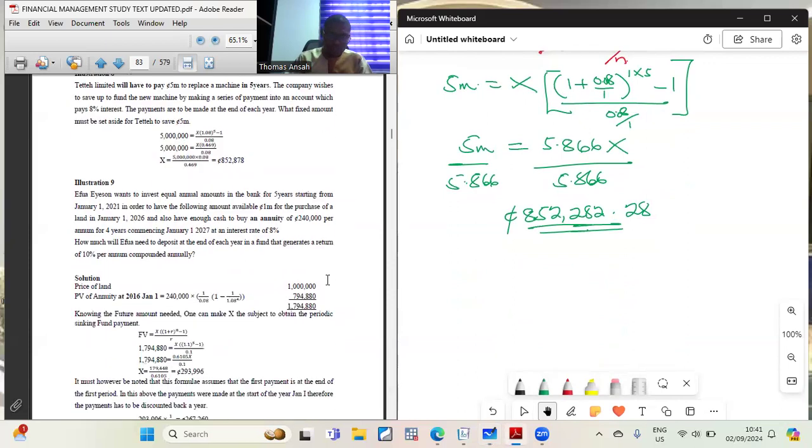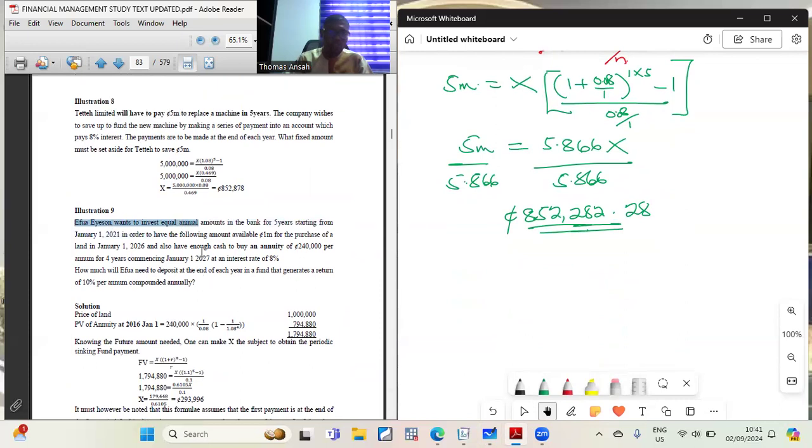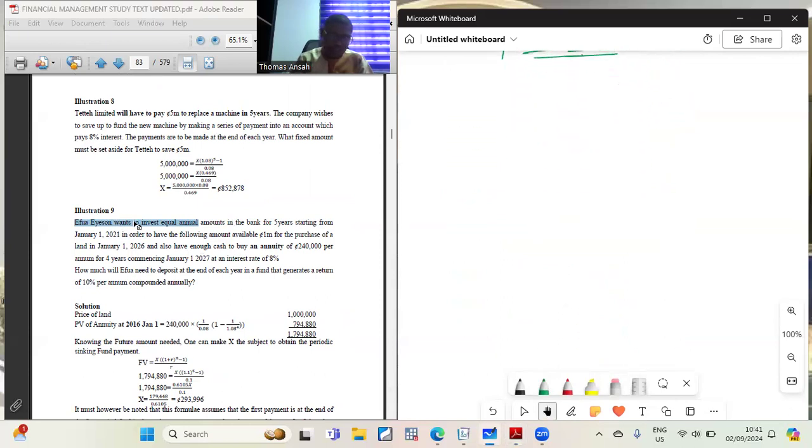So last, then we go. This one is saying if YSN wants to invest in an equal installment for 5 years in a bank, starting from January 2021, in order to have the following money available.